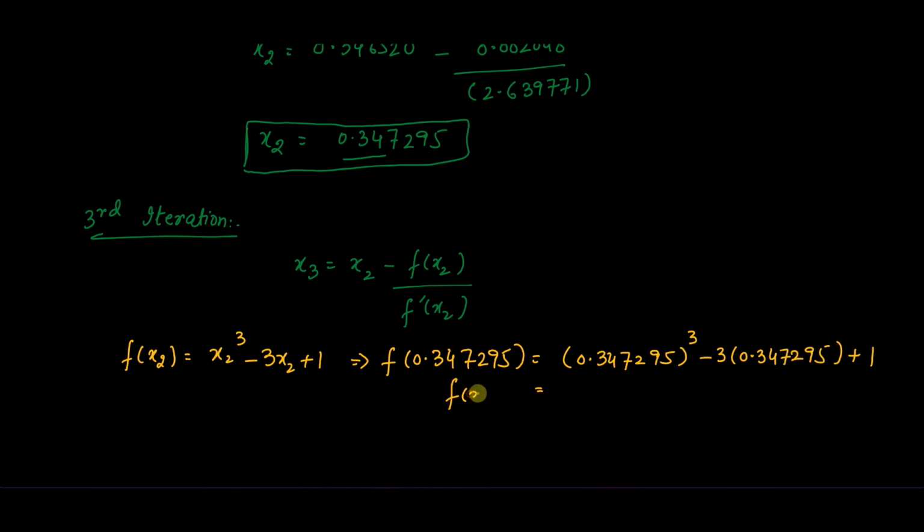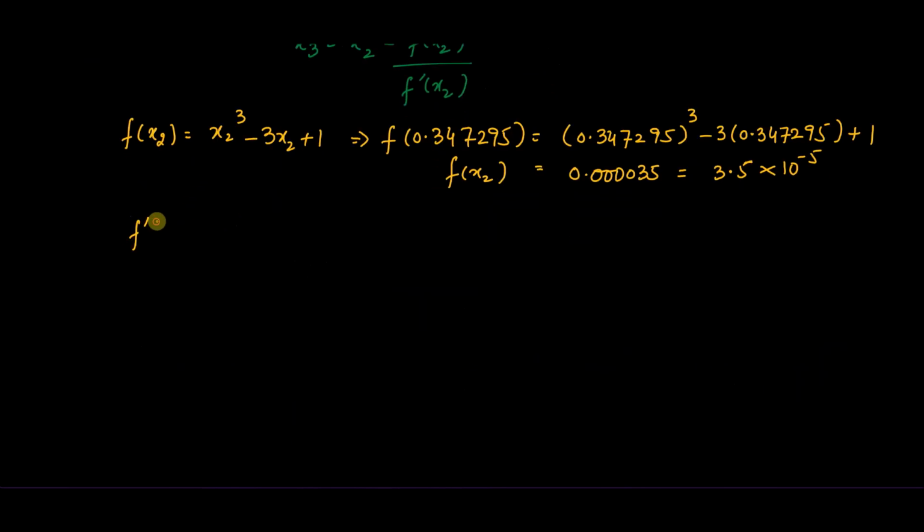So after solving we will get 0.4 times 0, and then 35, or in other words we can consider it 3.5 times 10 raised to the power negative 5.